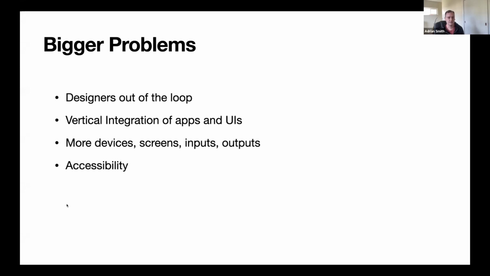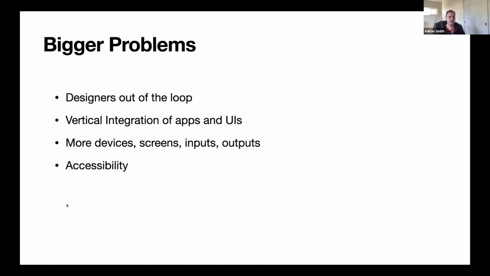So the first problem, and I think if I could solve one problem with Membrane, it would be that designers are out of the loop. What I mean by that is that a common workflow is you have a UI designer. They design a user interface in Sketch, Figma, Photoshop. They hand it to a programmer who implements it. It goes to the user.